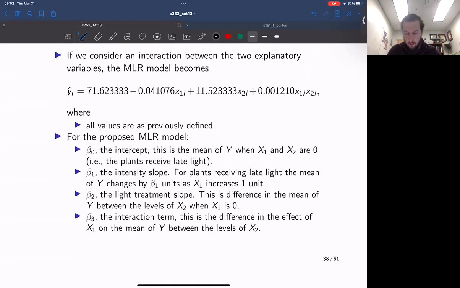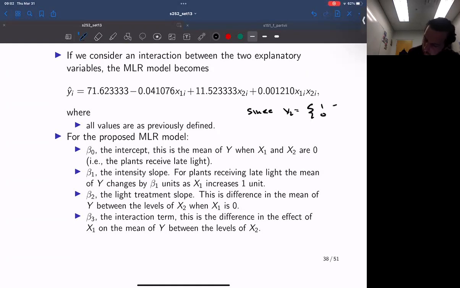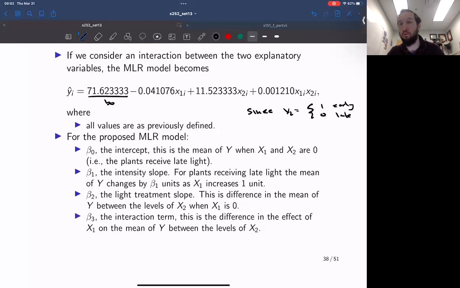For example, given the same declaration, since x2 is 1 for early and 0 for late, that means that beta 0 represents the intercept for the late group. So this is the intercept for the reference level. And therefore, beta 1 on its own is going to be the slope for the late group, which is the slope for the reference level.